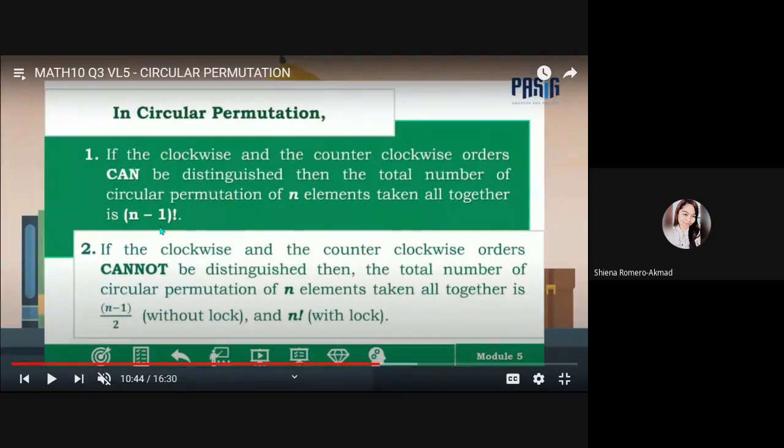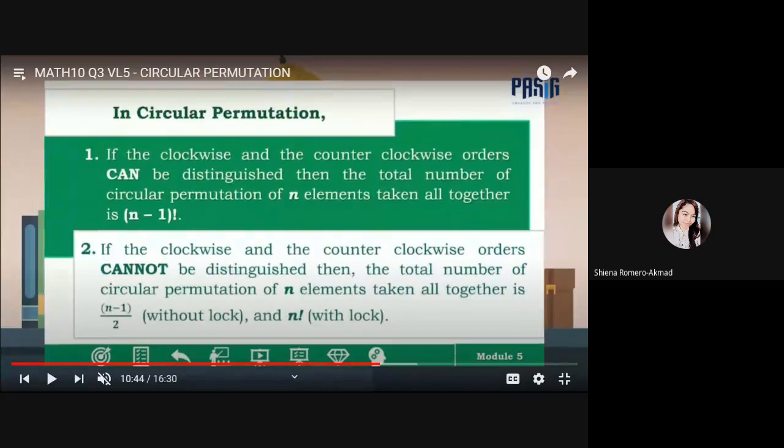I-explain ko naman na yan sa inyo kanina, so you know about it already. Kapag hindi kayang i-identify yung counterclockwise and the clockwise, like for example, getting the permutations pertaining to the arrangement of beads in a bracelet, in a necklace, the arrangement of keys in a keyring.